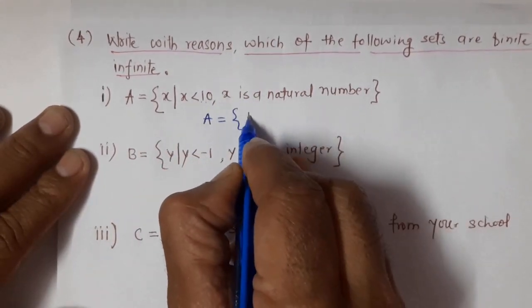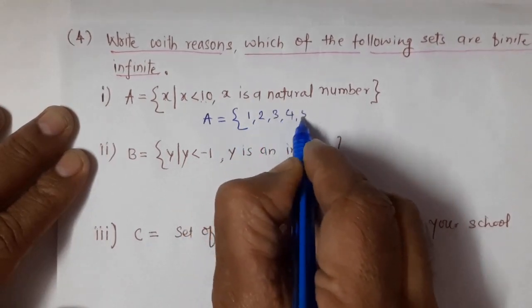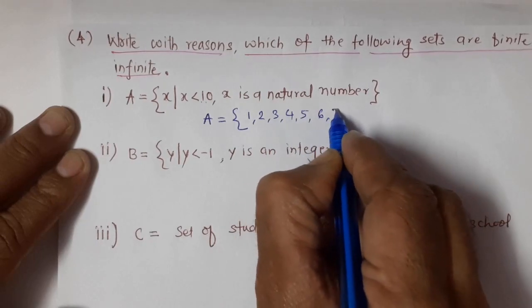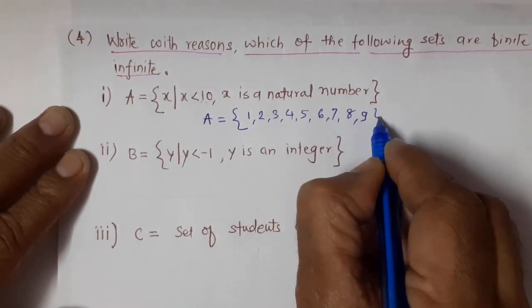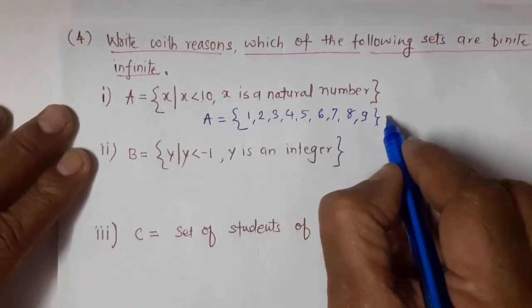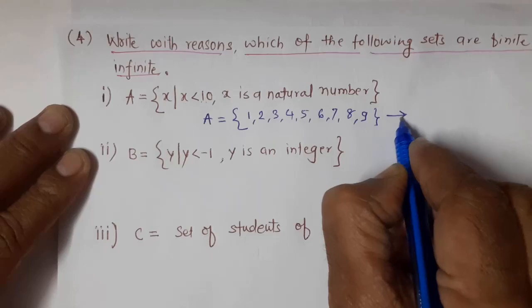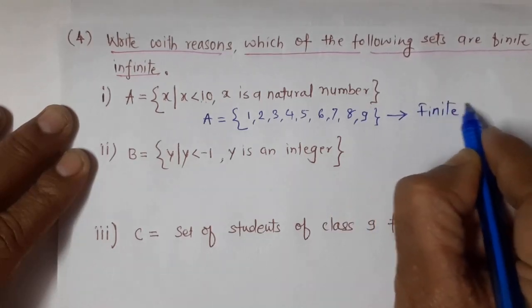So write 1, 2, 3, 4, 5, 6, 7, 8, and 9. That is countable, limited values, and that's why this set is finite. Its values are countable. That's why this is a finite set.